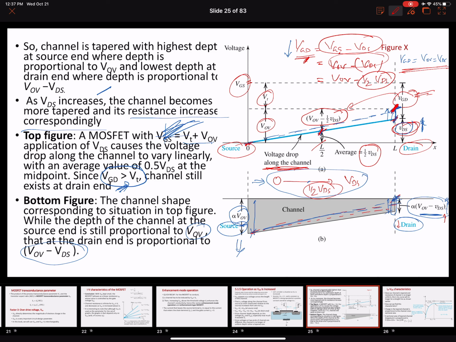The average voltage along the length of the channel is half of VDS. The average voltage across the entire length of the channel that will appear at the drain will be VOV minus half of VDS, this one.